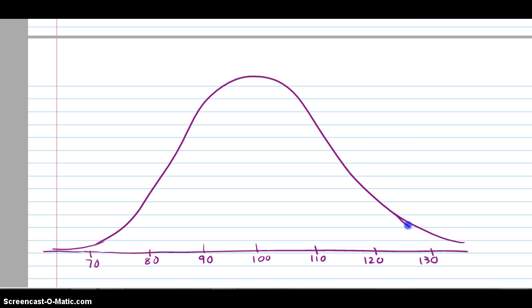If I drew this perfectly, it would be far more symmetrical, but this is just for illustration's sake. Use your imagination. So between 70 and 130, we think we have 99.7% of the population having IQs within those spots. That leaves 0.3% for these areas below 70 and above 130.